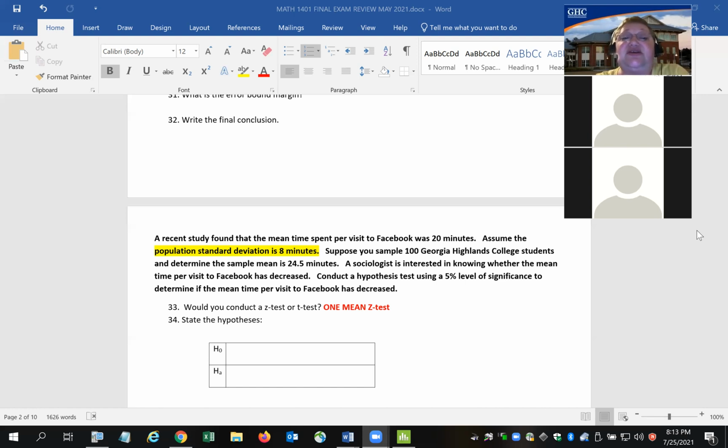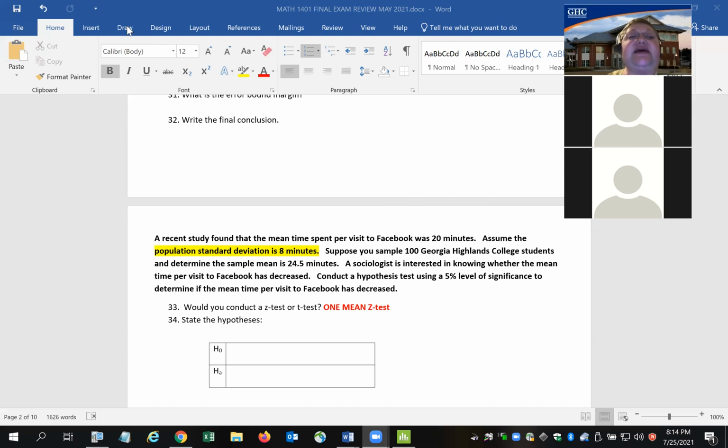The first question asks you whether you should do a Z or a T. Again, we're going to do Z as in zebra, because we are given the population standard deviation. And guys, if I remember correctly, these are the type questions you're going to see on the exam in this order, because this is a process, and it really has to be in this order.